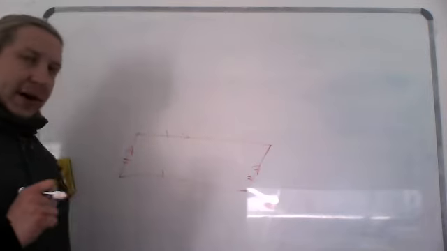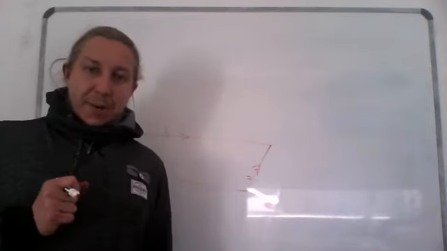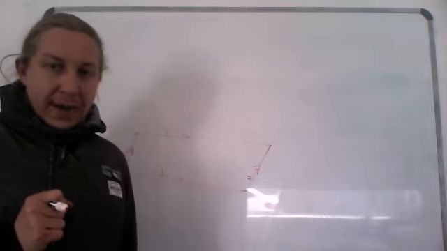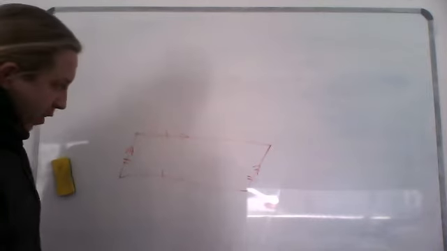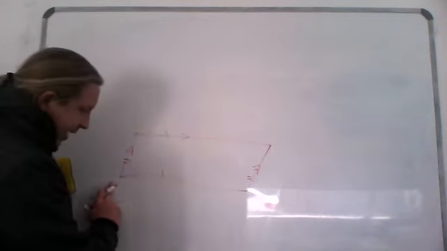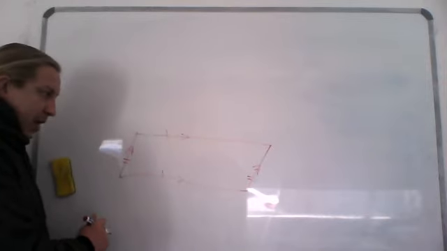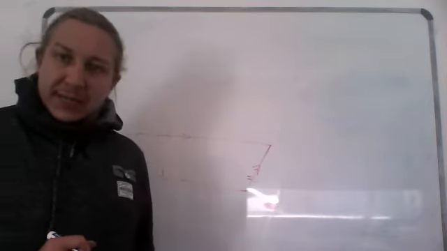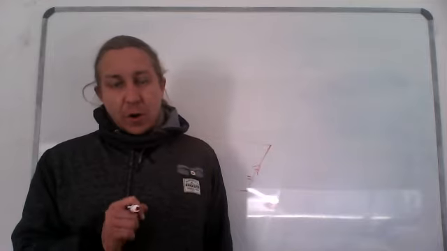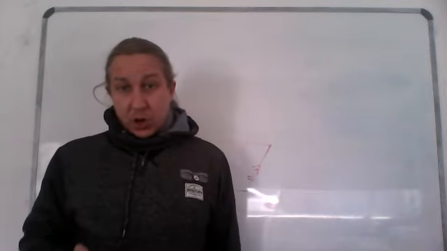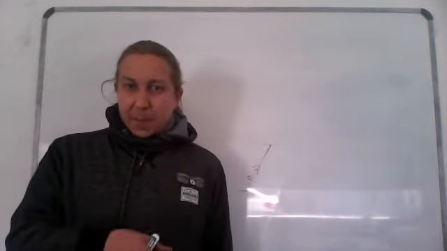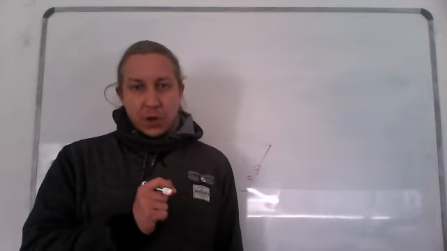This parallelogram is not necessarily a rhombus, because remember, in a rhombus, adjacent sides need to be the same. But if I have a rhombus, I can also classify that rhombus as a parallelogram, because opposite sides are parallel and they are also equal.